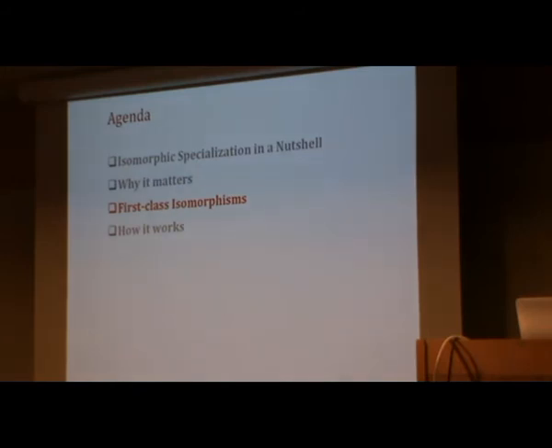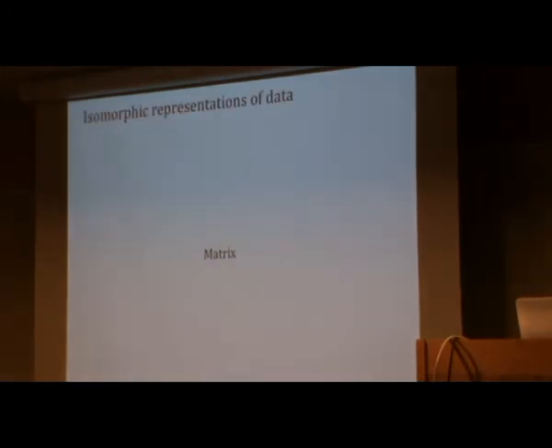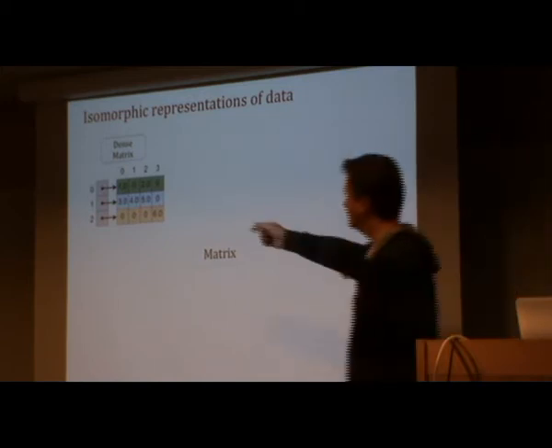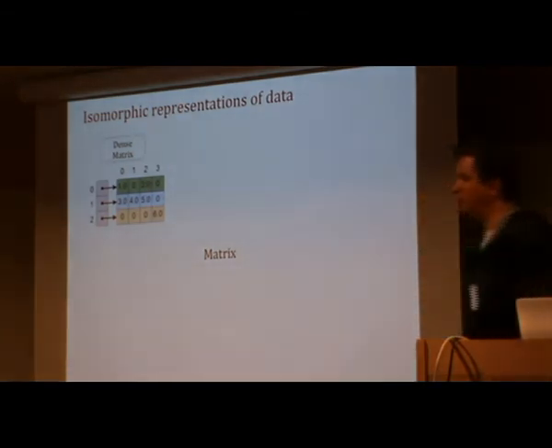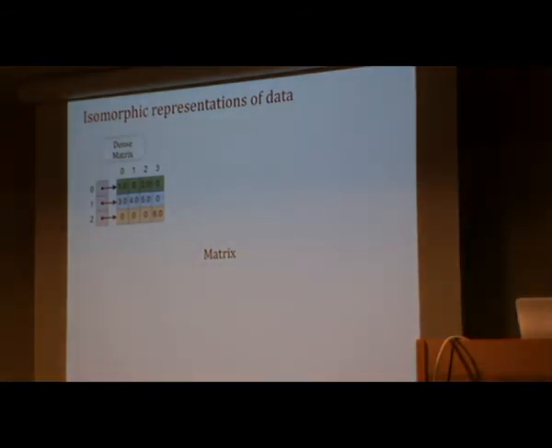So first class isomorphism is an important point here, because we know that if we take a matrix, we can represent it in some dense format. This is an array of pointers to some arrays of values. All arrays are of the same size, and each is just a row of the matrix.